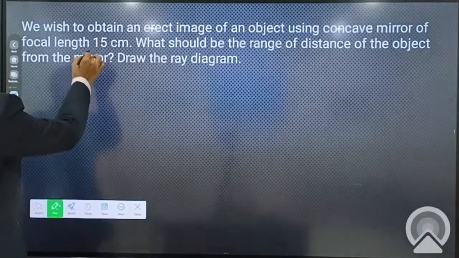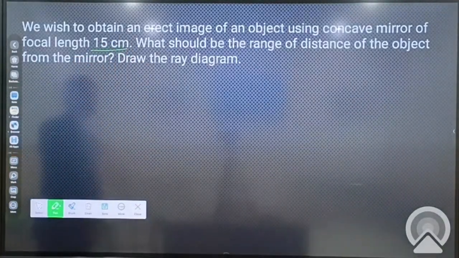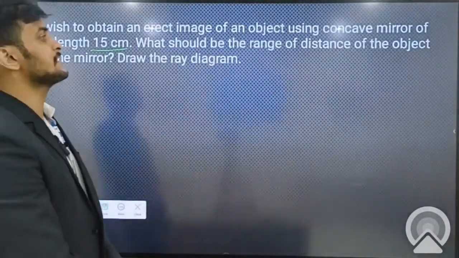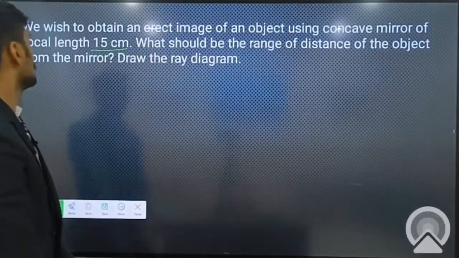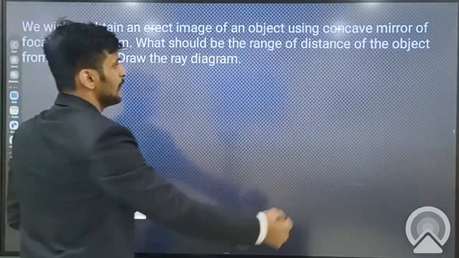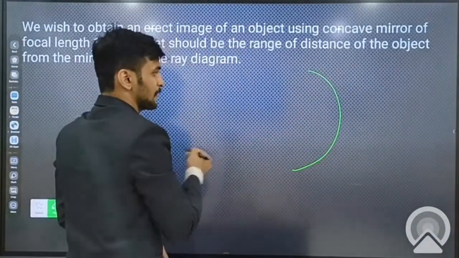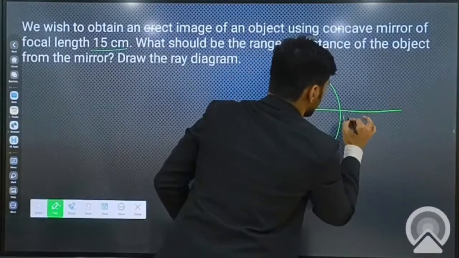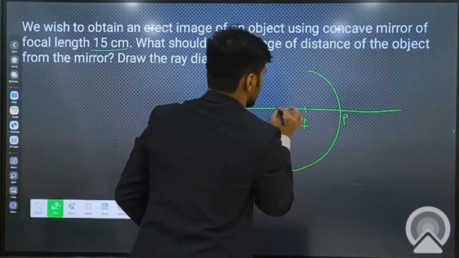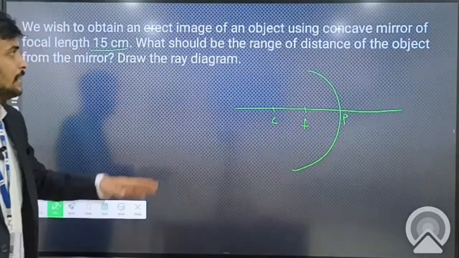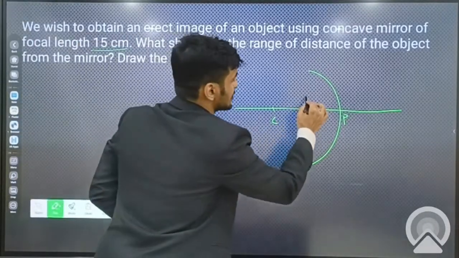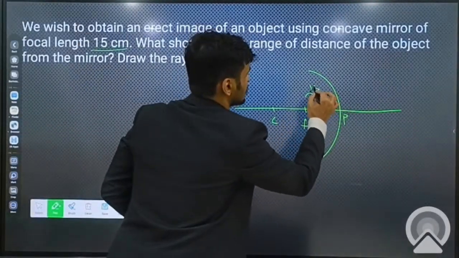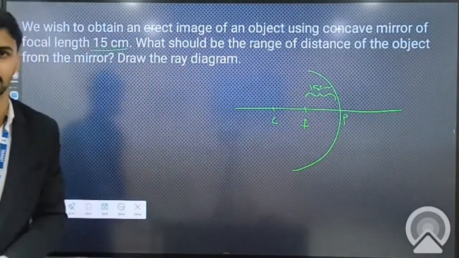Okay, and the focal length is given as 15 centimeter. What should be the range of distance of the object from the mirror? Very simple. Suppose this is my concave mirror, this is my principal axis, pole, focus and center. The distance from F to P is given, that is 15 centimeter.